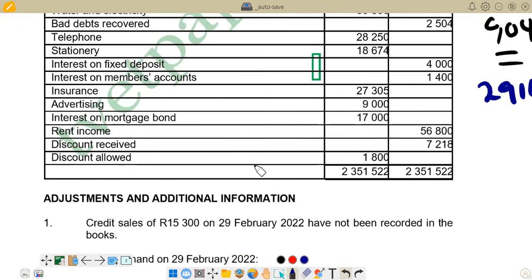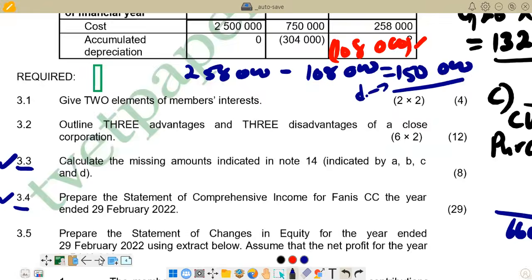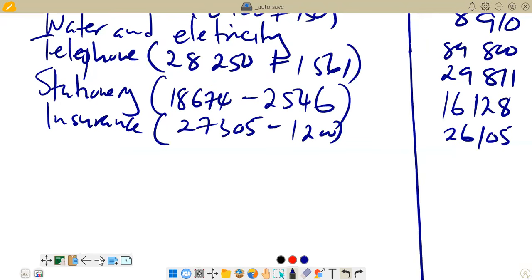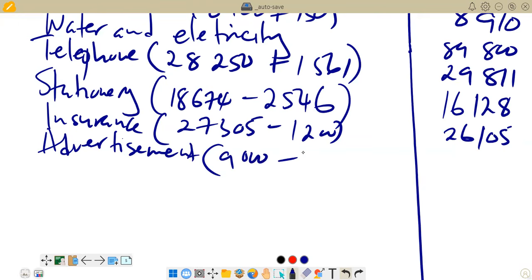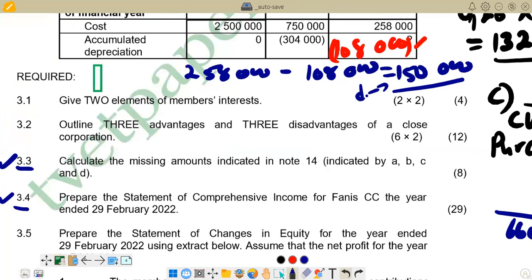Then subtract 2,100. So we go to the answer section and say advertisement, 9,000 minus 2,100, and we get 6,900. Go back again to check what we have next after advertisement.